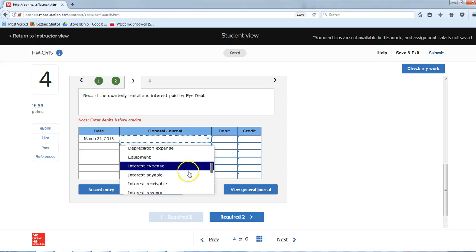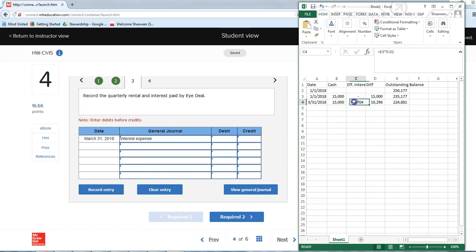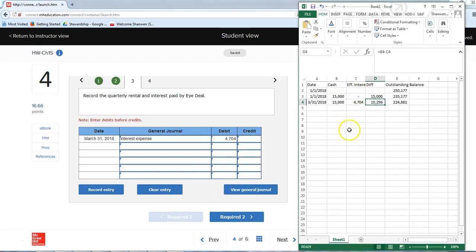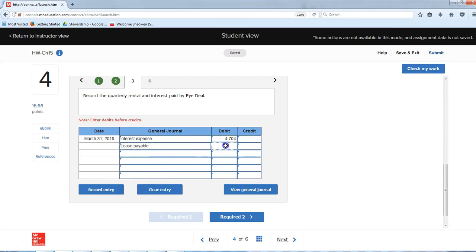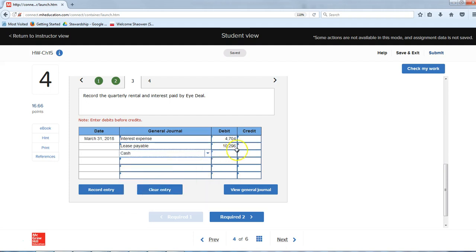We have interest expense showing up first, so let me choose interest expense for $4,704. And we have lease payable being paid off by $10,296. So totally they paid cash of $15,000.